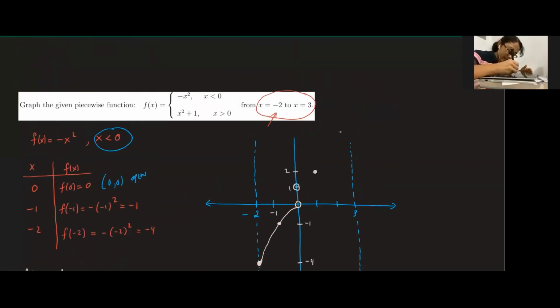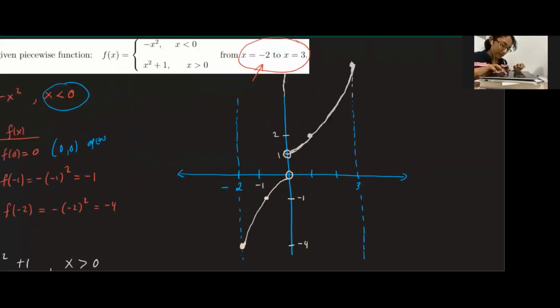So 10 is all the way up there. So just extending this a little bit more, let's just say it's somewhere up here. And then again, I'm going to connect them by making a parabola. Okay, so that's that half of the graph.